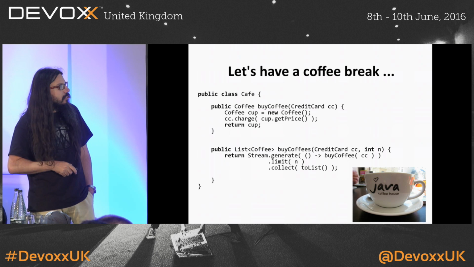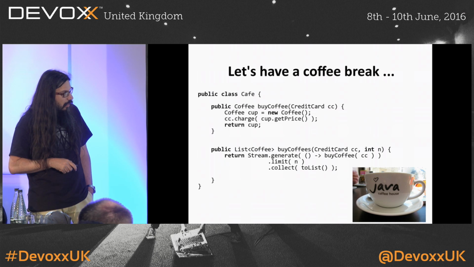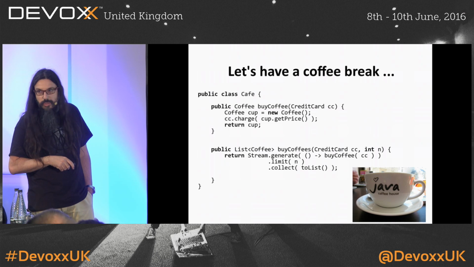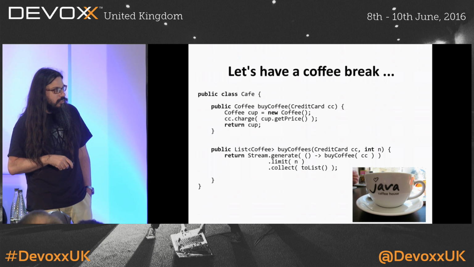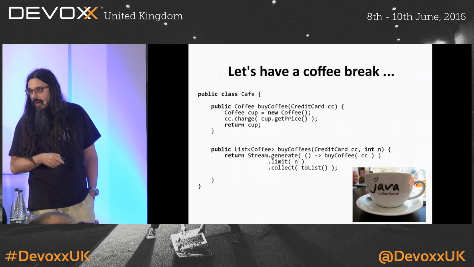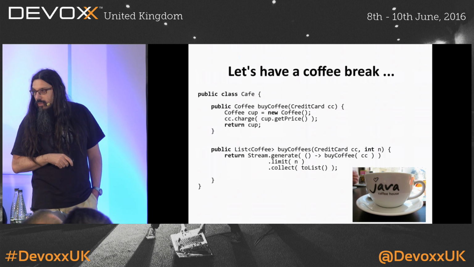What happens here? I'm using the Java 8 stream API. So I call this buyCoffee in an endless stream. I limit this to 4, so I actually call this n times, and each invocation will return a coffee. I collect them into a list and I return them.